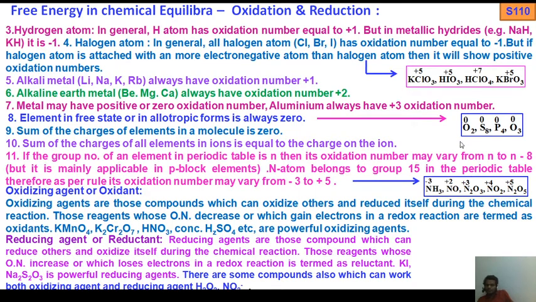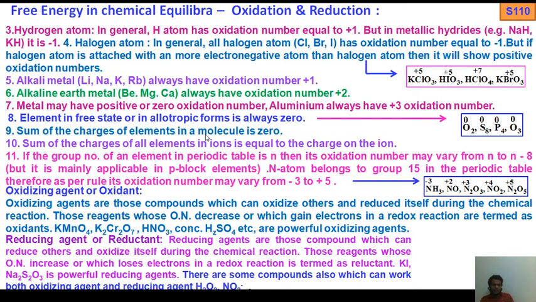You see, O2, a homonuclear diatomic molecule, possesses 0 oxidation state. This is allotropic S8, P4, all possess 0 oxidation number. The sum of the charges of the elements in a molecule is 0, which means for a neutral molecule.